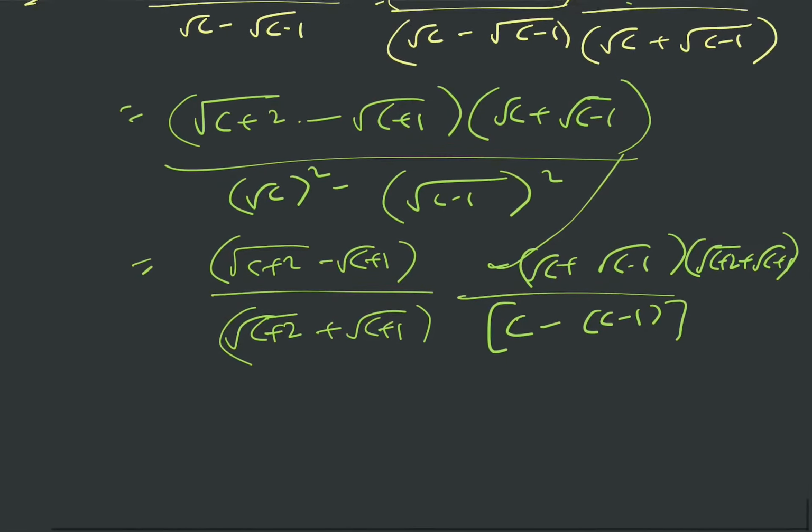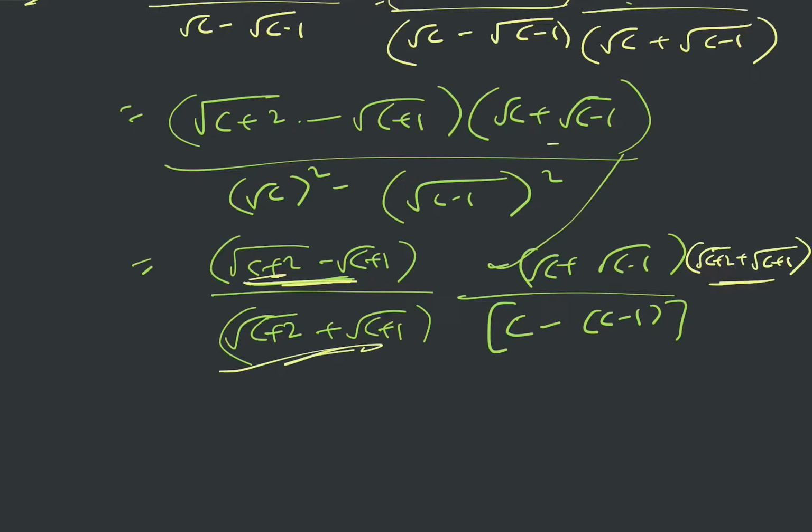Okay, so I have rationalized the numerator also. Fine. So I have just multiplied it with root c plus 2 plus root c plus 1. So let me just write it clearly. This is root c plus 2 plus root c plus 1. So I have multiplied and divided with this, and remaining things I have written down as it is, right?